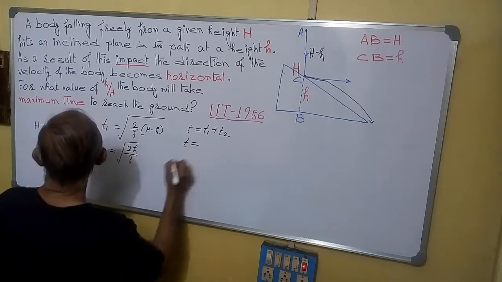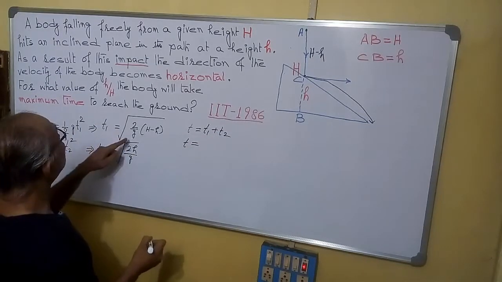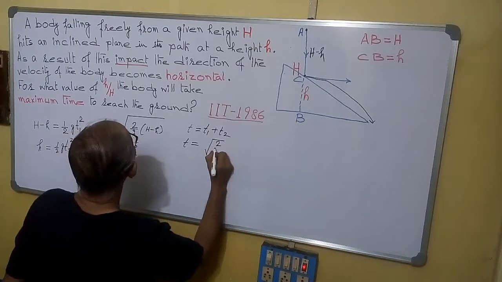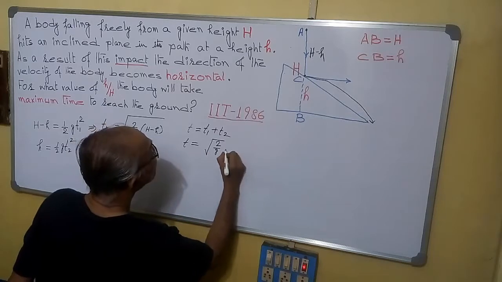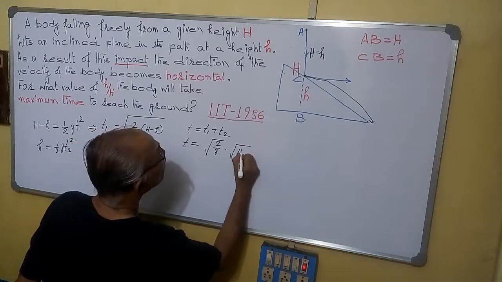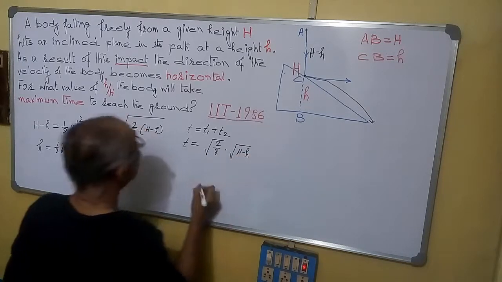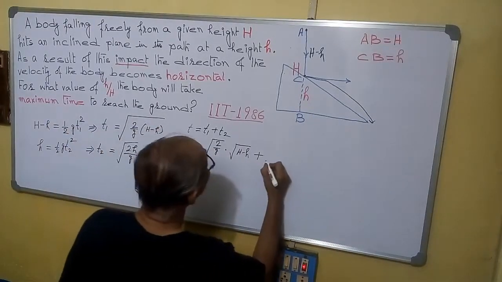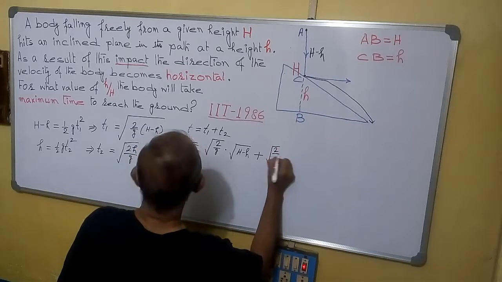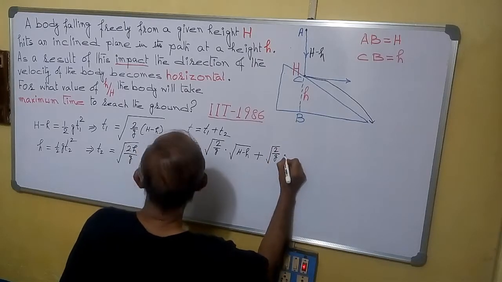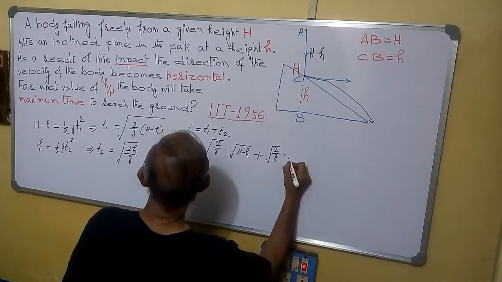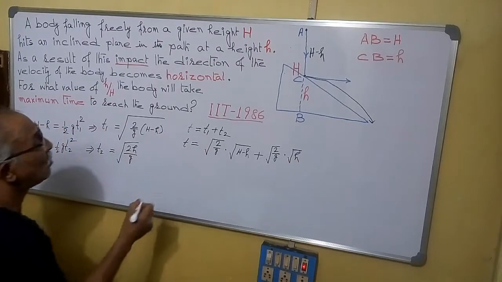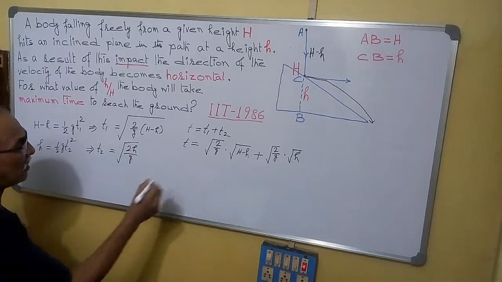Or t equals, what is t1? It is root of 2 by g into root of H minus h, plus t2, which is root of 2 by g into root h. So this is t.